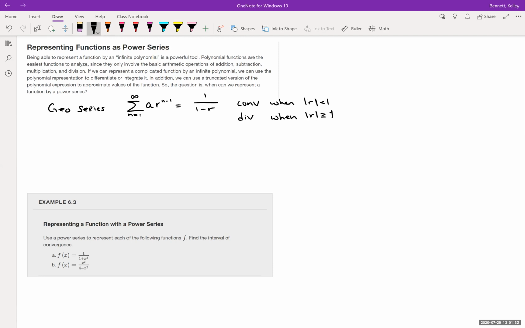I did mention in, I want to say it was lecture 5.2, I can also write this as the sum from n equals 0 to infinity of a times r to the n. And these are the same. If you wrote it out term by term, you would see that they're exactly the same. I'm just switching the indices a little bit.